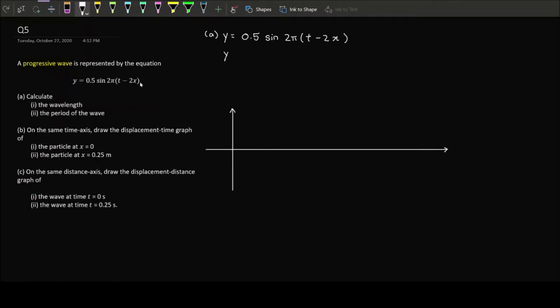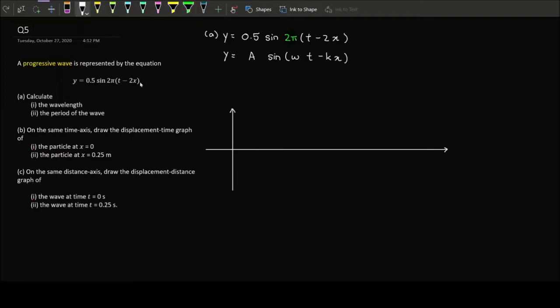But if we compare with the general formula, our general formula will look something like a sine bracket omega t minus kx, which we can't really compare because the bracket is different. Here you have a 2 pi factorized out, but for your general formula usually the 2 pi is inside.